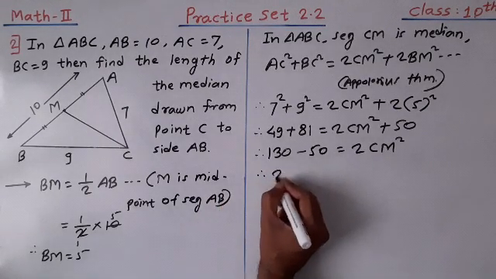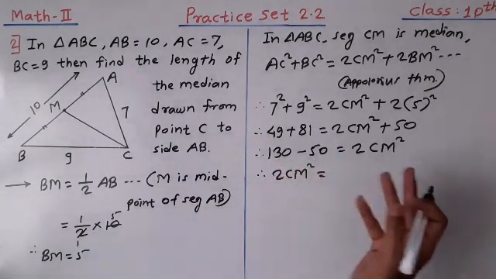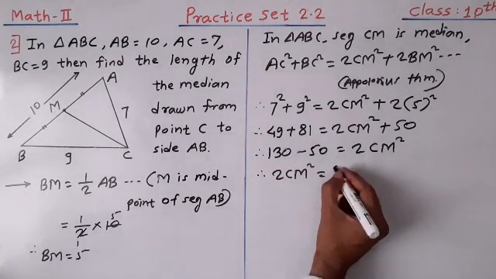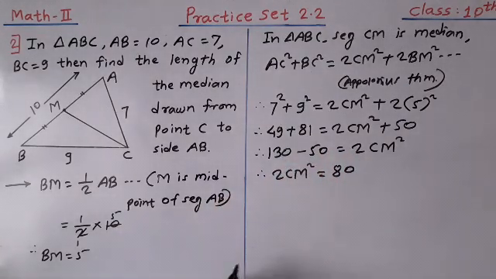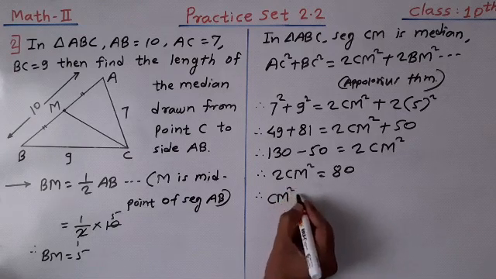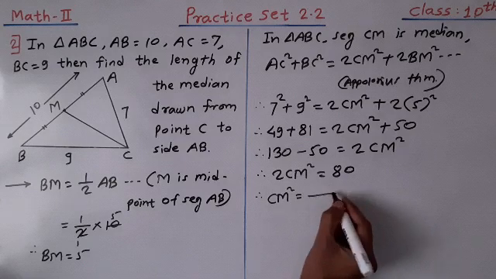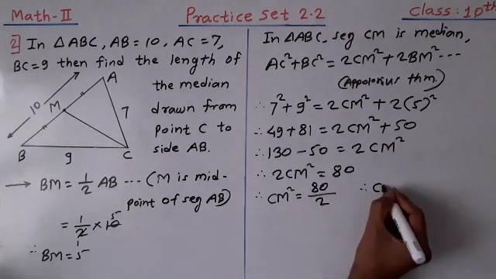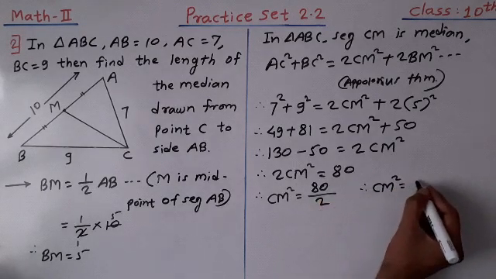This subtraction gives us answer 80. 130 minus 50 is 80. Therefore, CM square is equal to 80 divided by 2, because 2 is multiplied and shifted to the right hand side, it becomes divided. If 80 is divided by 2, it gives us 40.